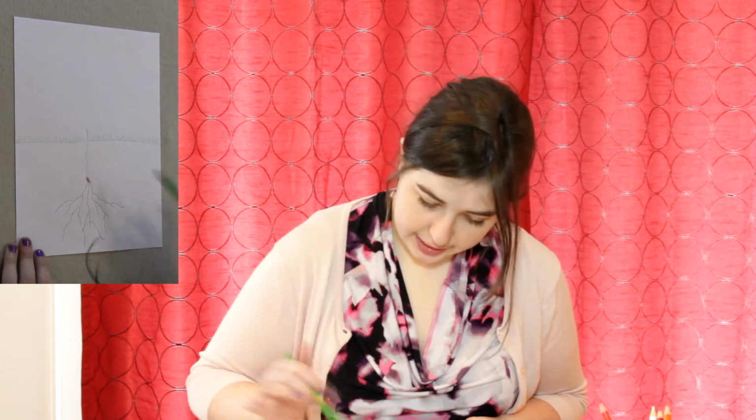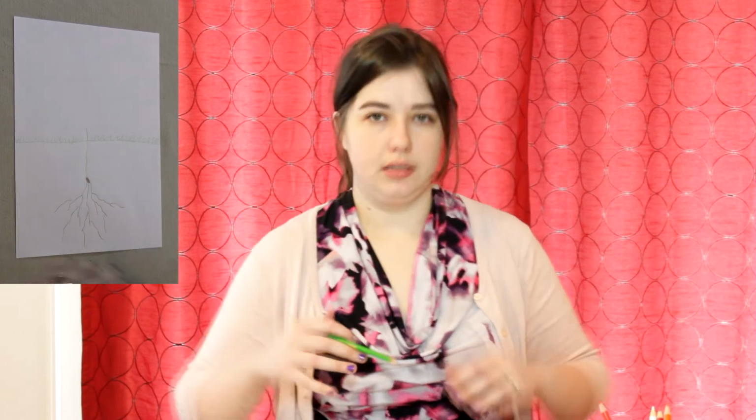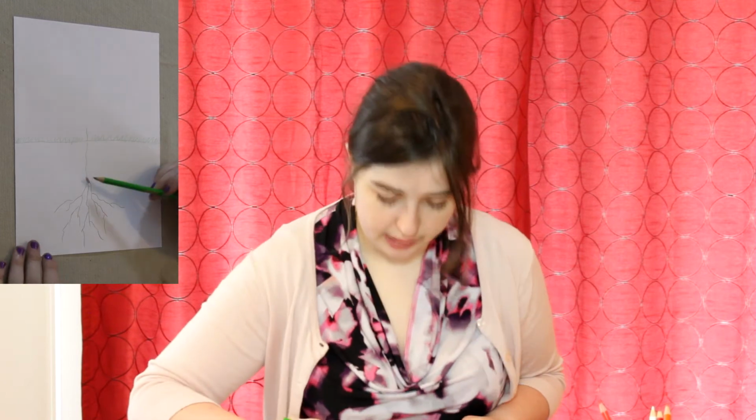But before it gets there, the only thing that the seed has in terms of energy is what it has in its endosperm. So the endosperm is really important for this stage of making sure that the plant breaks through the soil and gets to the sunlight energy.